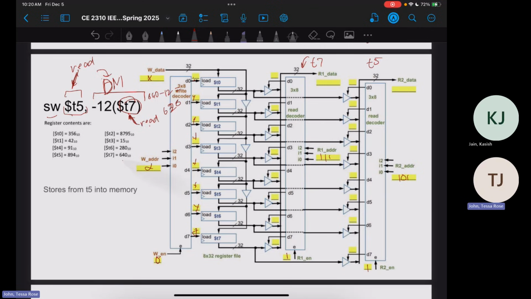The data at T5 is this. 894 at T7 is 640. Yeah, and then you just put 1 here and 1 here, and then the rest of them are 0. And the same thing on here. Any questions? Okay.